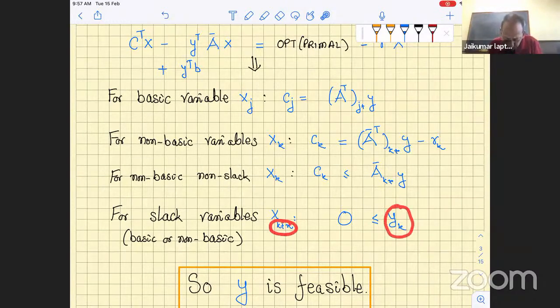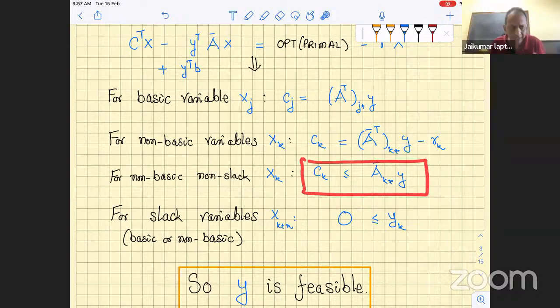That means the new variable that you added, the kth variable. There were already n variables, and then you added n plus 1, n plus 2, up to n plus m as your slack variables. If you look at what happens to their coefficient and compare it with the last row of the simplex, you will get this. And for other variables, you will get this.